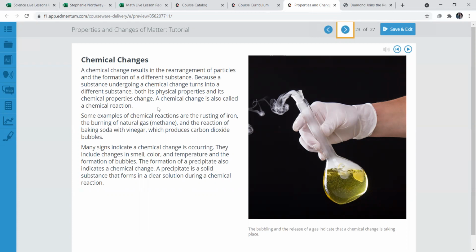Basically, something different is occurring to change the substance. Examples: rusting of iron, burning of natural gas, baking soda and vinegar, which produces carbon dioxide bubbles. So something is changing. Fire. Oh, did you know that a banana becoming ripe is also a chemical change? It changes its properties and everything completely. Fun fact.